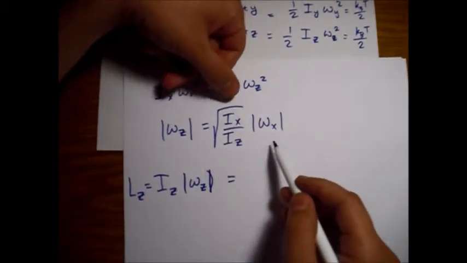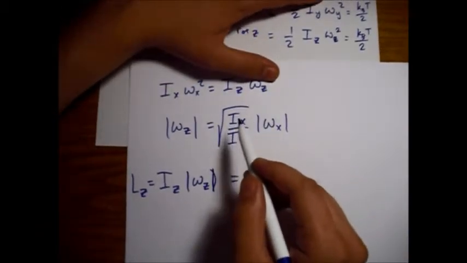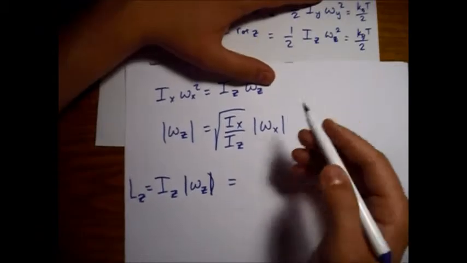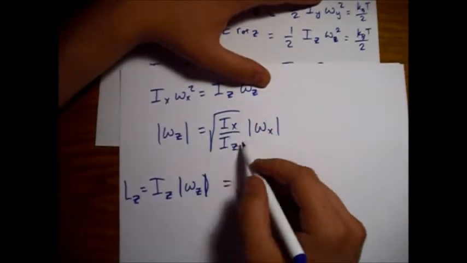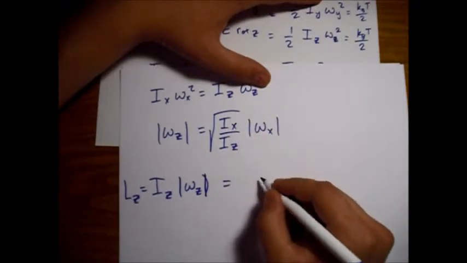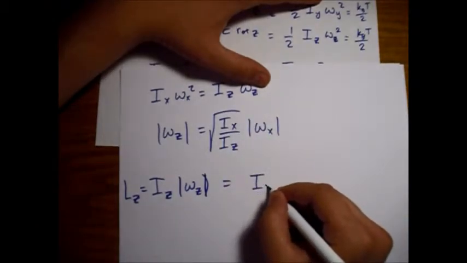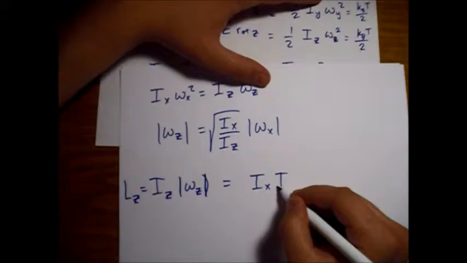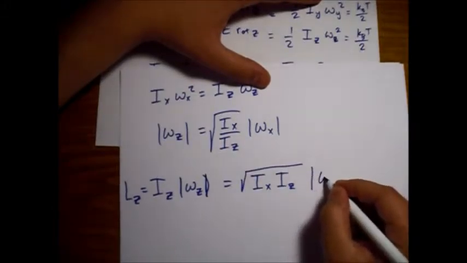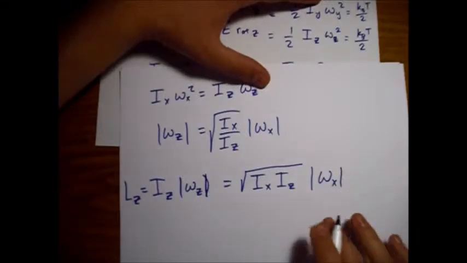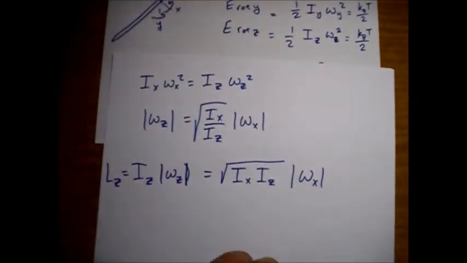So what I need to do here is multiply this also by I sub z on this side, which will take out the square root on the bottom and replace it with a square root on the top. So we have the square root of I sub x times I sub z, times the absolute value of the angular velocity in x.